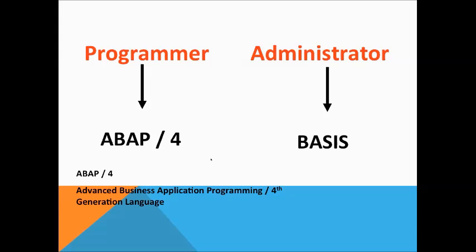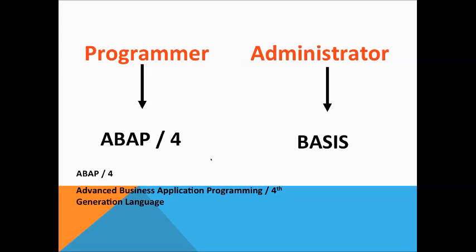On the other hand, who are the technical people? Technical people comprise two areas. The first area is programmer, which is developer, and the second area is administrator. Administrators are business administrators as well as security administrators, who take care of roles and authorizations.